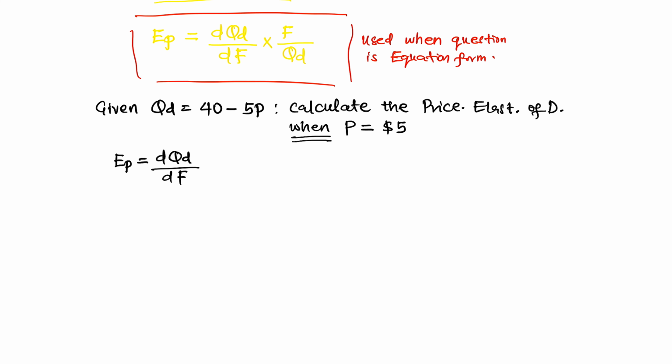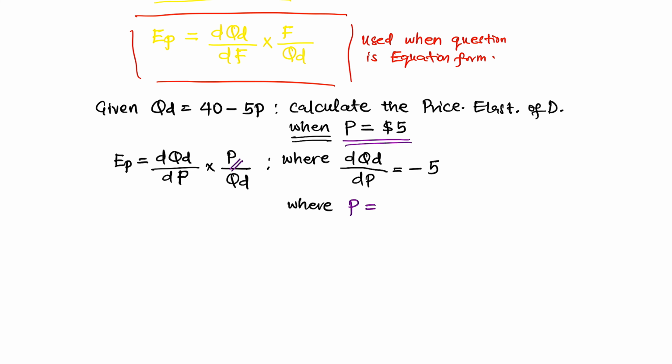In this situation, the factor is price, multiplied by the factor, which is price, divided by the quantity demand, where dQD/dP, we differentiate the quantity demand function with respect to price. That should give us minus 5, where the price equals 5.